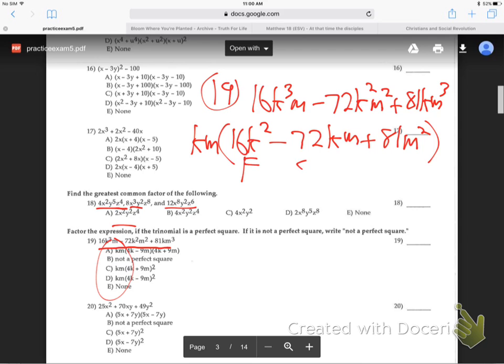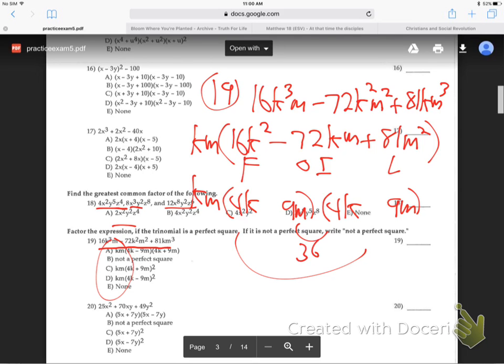Now, FOIL the rest. So km in the front, 2 parentheses. Front times front, 4k, 4k to make 16. 81m squared, 9m, 9m. Right? Isn't that good? And then the 2 inner, the 2 outer, the happy face, 36, 36. How does that make minus 72? Both minus.